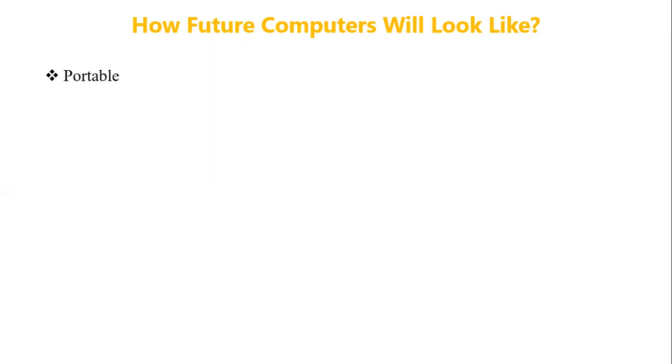So what we can understand is that the future computers will be more portable and surely will communicate using wireless technology, and embedded systems or embedded technology will play a crucial role.